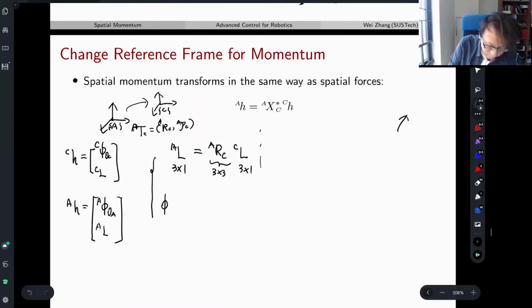That's the angular momentum about a point, and when I choose the frame, I will choose the reference point to collocate with the origin of that frame. So then I need to say phi of OA in A. How does that relate to phi of OC in C? That's my purpose, but let's think coordinate free first.